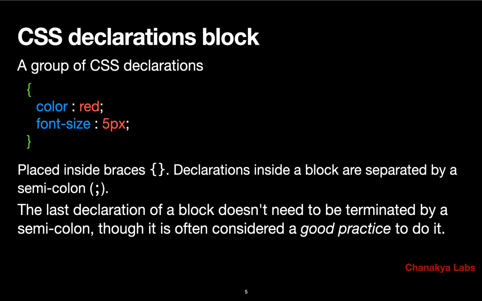But as I mentioned earlier, it's a good practice to end each of the lines with a semicolon, because you never know, right? Let's say you add a third line, and by mistake you didn't put a semicolon here, then the whole CSS is going to be invalid. So what's the harm? Always put a semicolon at the end of each CSS declaration.